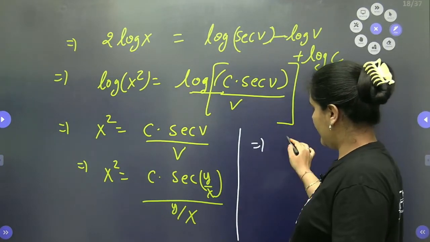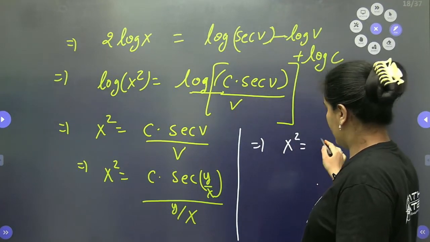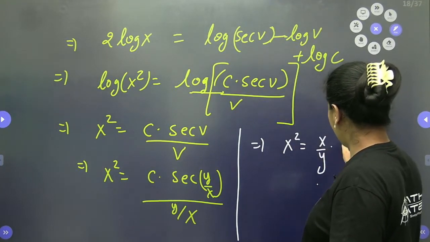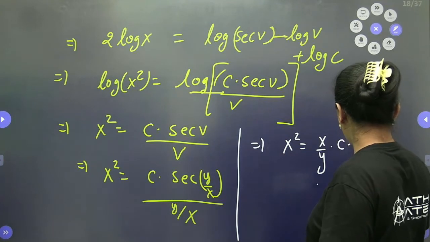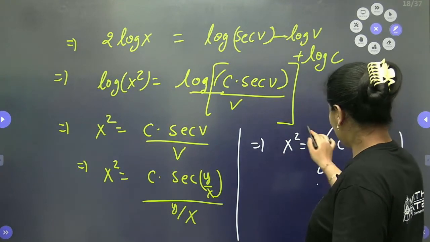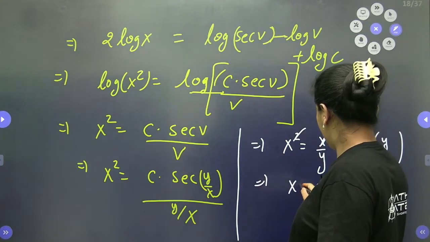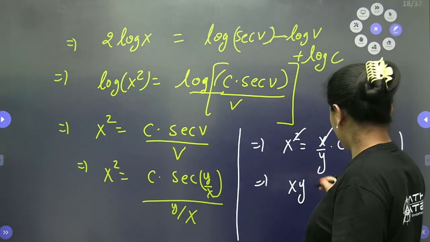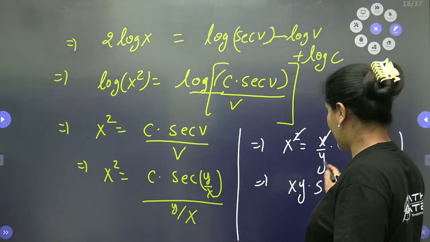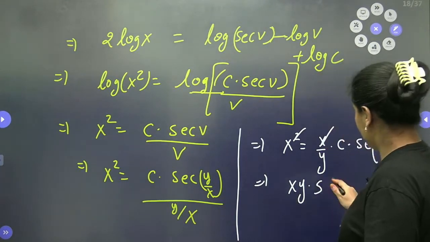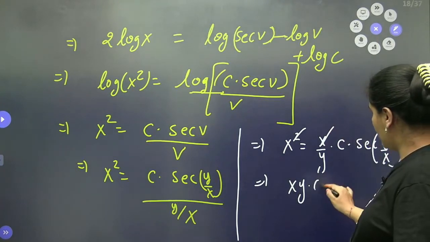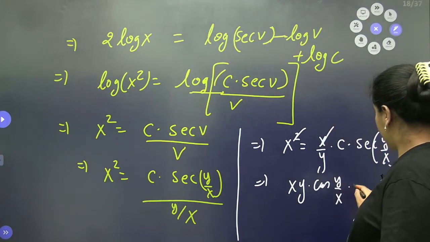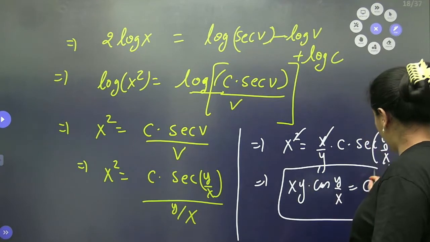It will become x square is equal to x by y into c into sec of y by x. X and x can be cancelled out. It can be written as x by y into 1 by sec of y by x, so we can write it directly as x by y cos of y by x is equal to c. Now this should be my answer.